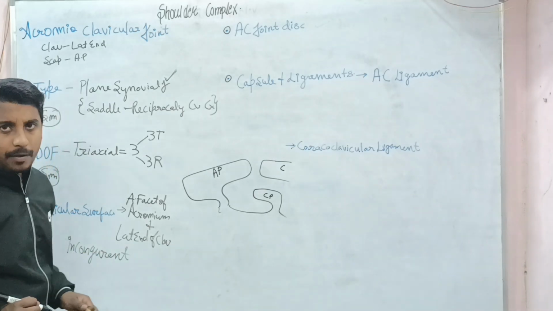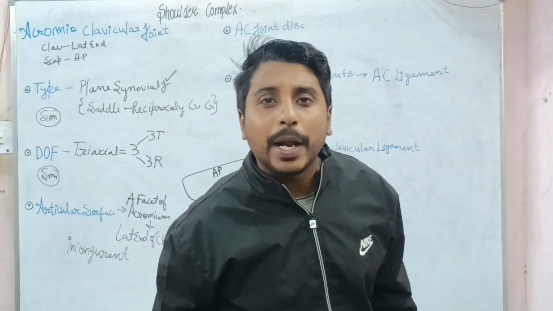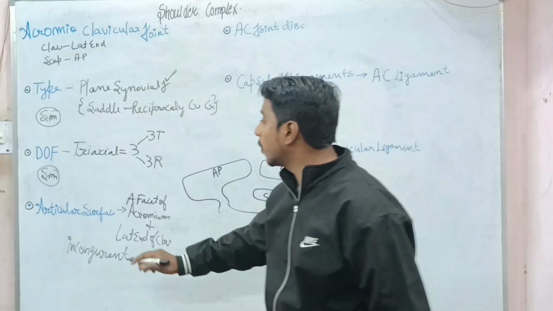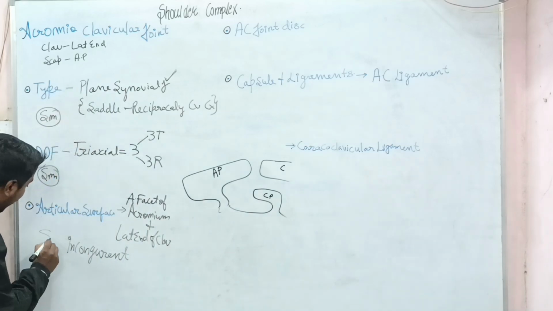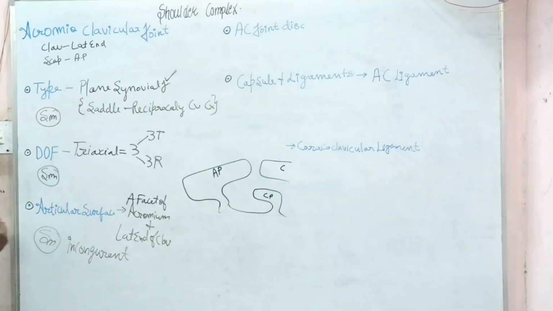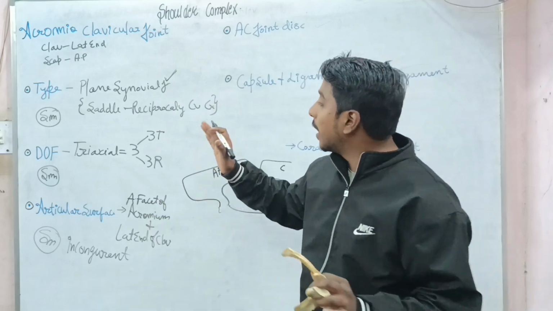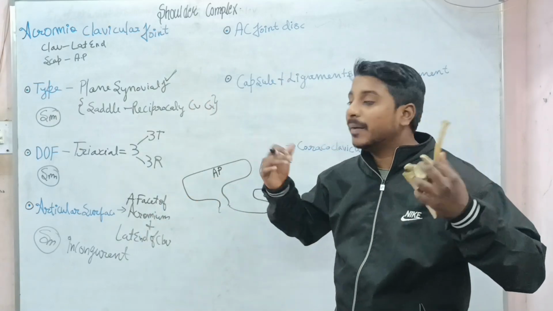Was the sternoclavicular joint an incongruent joint? Yes, it was also an incongruent joint, so I will write SM here also. You can tally the two joints and remember them very easily.